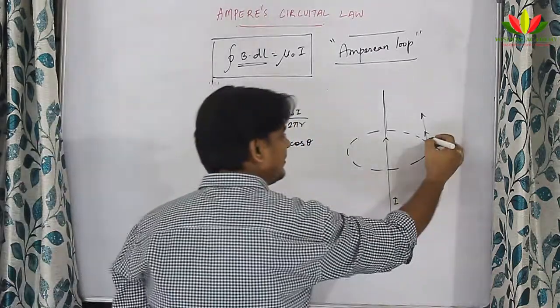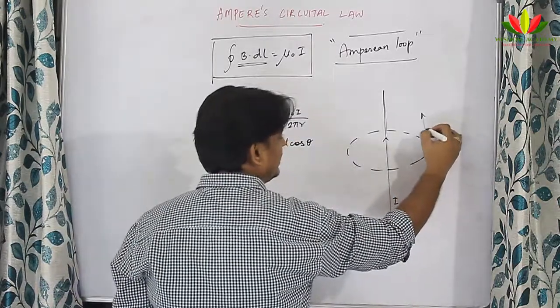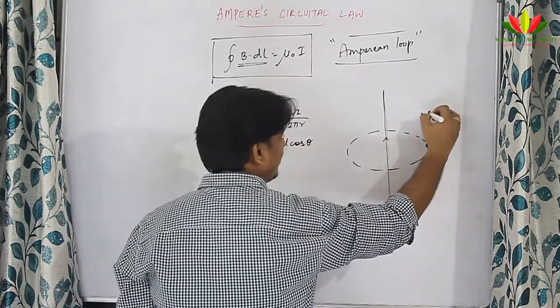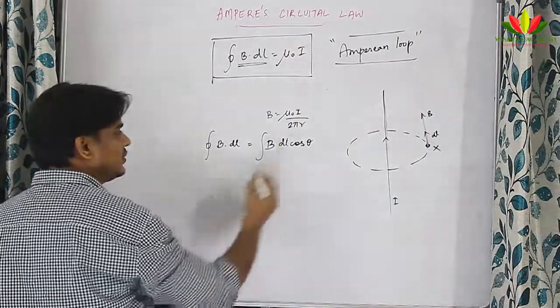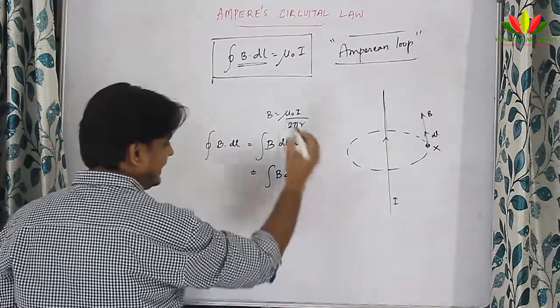What is theta between them? Theta between dl and B is 0. This is the dl direction, and this is the direction of the magnetic field. The angle between them is 0, so cos 0 is 1. So I get the integration of B dl.